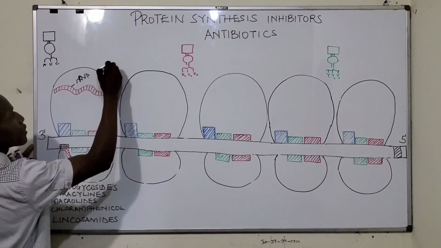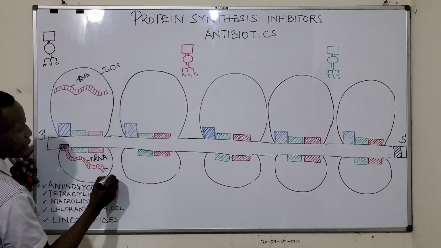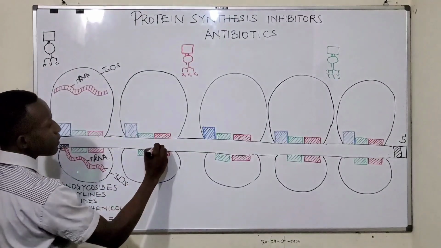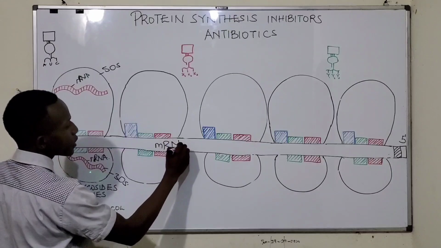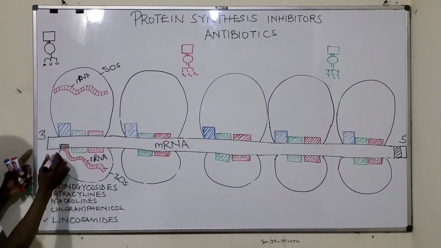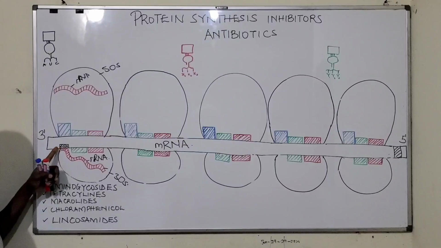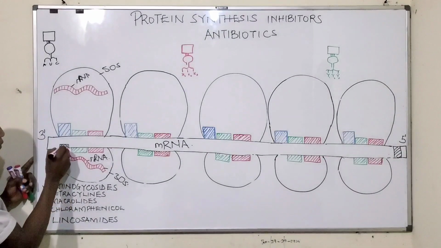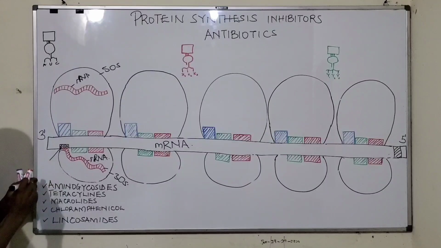This is the 50S subunit, and this is the 30S subunit. This is our messenger RNA. The messenger RNA uses the ribosomal binding site to bind to the ribosomal RNA. This is the ribosomal binding site.